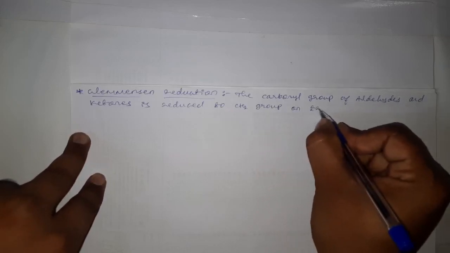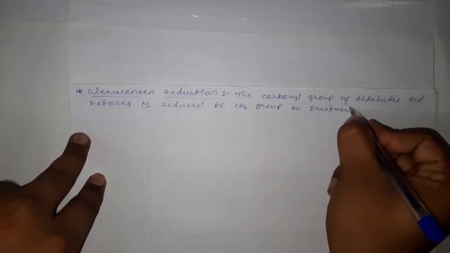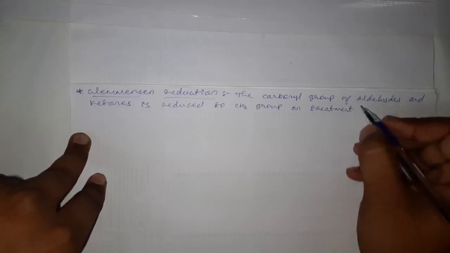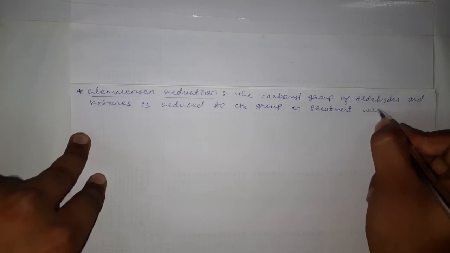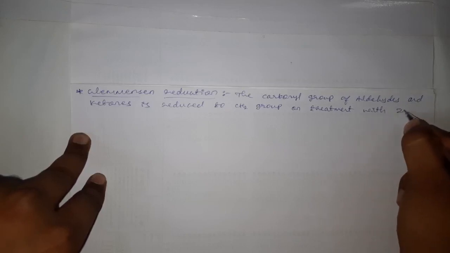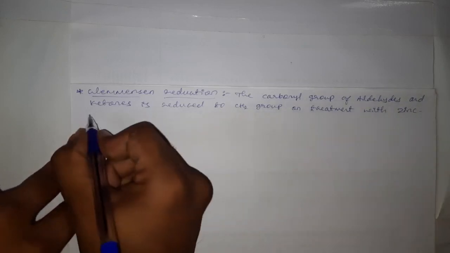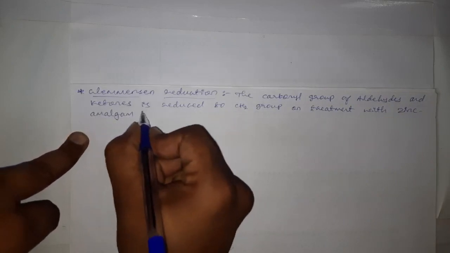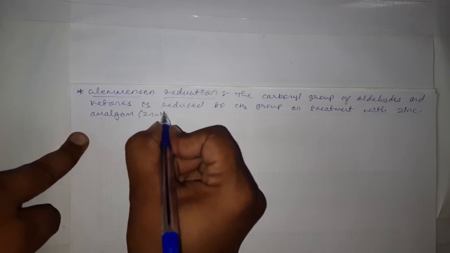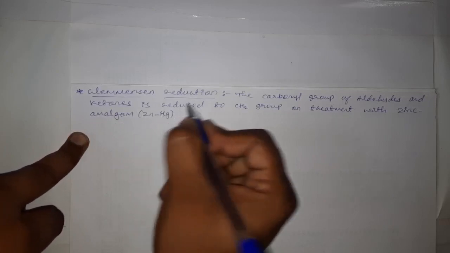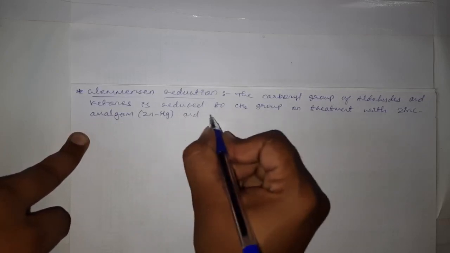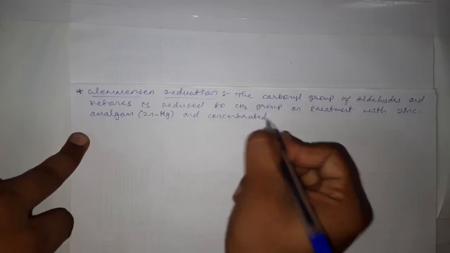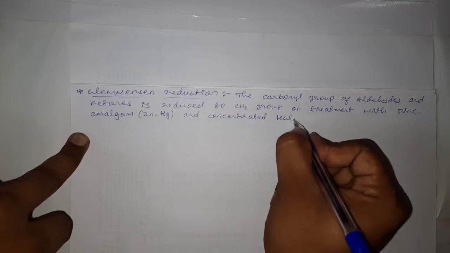on treatment of these aldehydes and ketones with zinc amalgam. Zinc amalgam, we can write like this: ZnHg, and concentrated HCl.